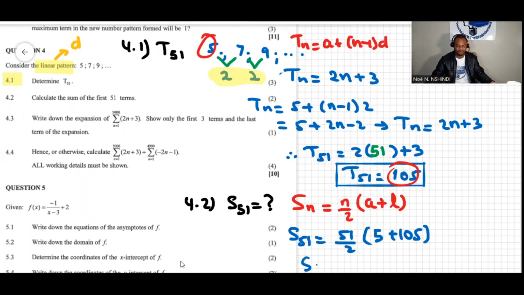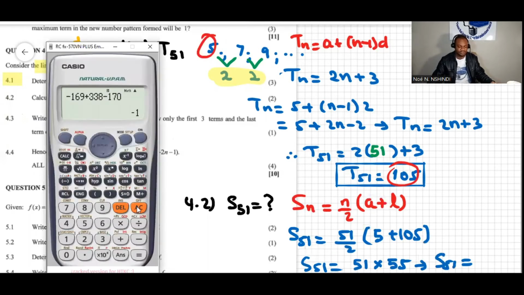So we have S51 equal to 51 times 55. And then S51 will be equal to, we can use a calculator for that, 51 times 55, this is equal to 2805. If you're unsure, just sub in everything here in the calculator.